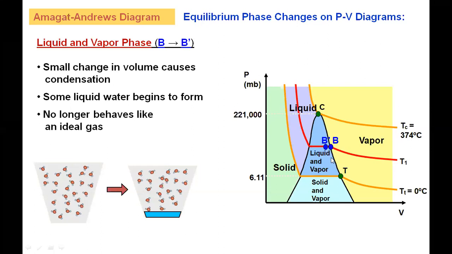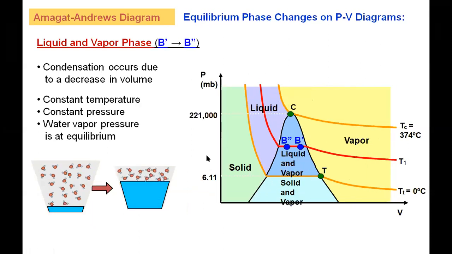And some liquid water begins to form. إذا هون في عندي liquid and vapor. إذا ببلش يتشكل عندي إيش liquid water الماء السائل. And also it no longer behaves like an ideal gas. إذا ما راح يتصرف مثل إيش ideal gas. إذا here is the liquid water.